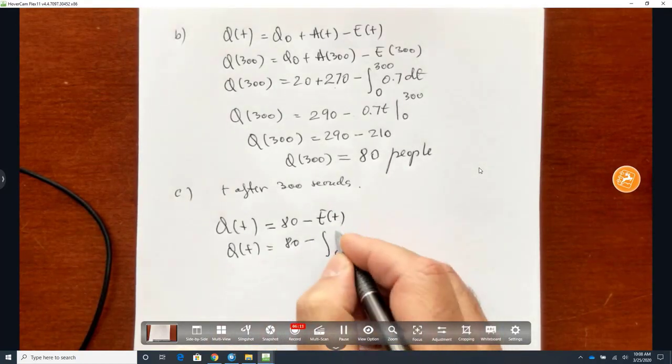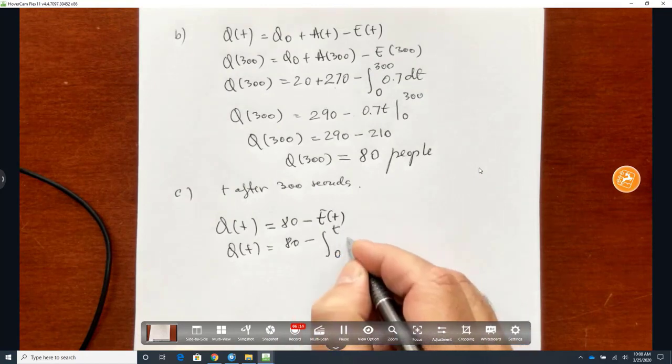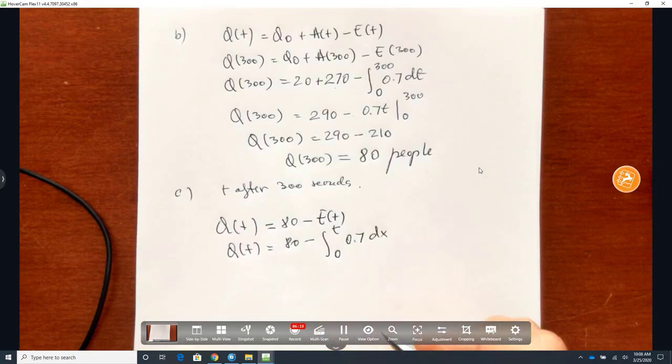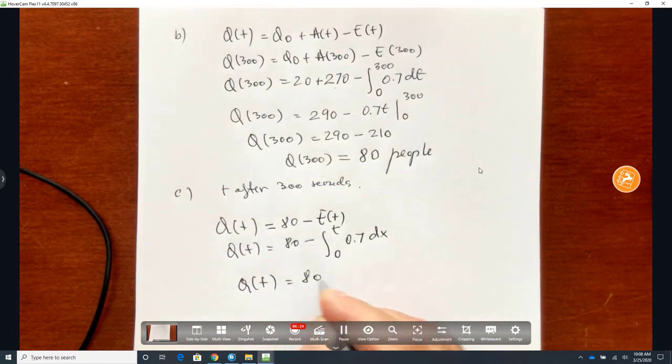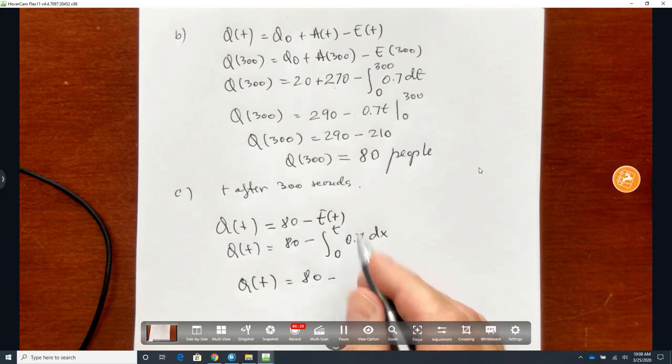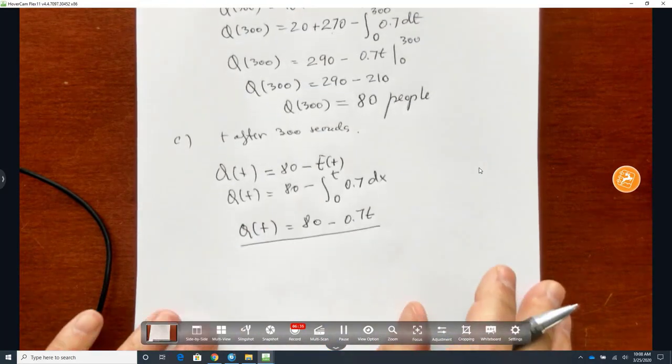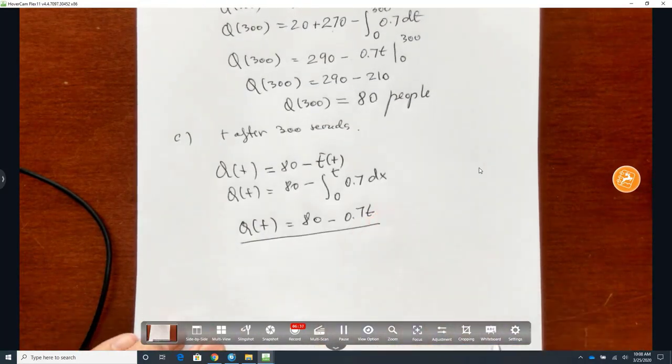It's the integral from 0 to a time t of the rate at which people are exiting, dx. So this quantity, at time t, should be 80 minus 0.7x between t and 0, which is 0.7t. Now I need to make this quantity equal to 0, so that will help me figure out the time.